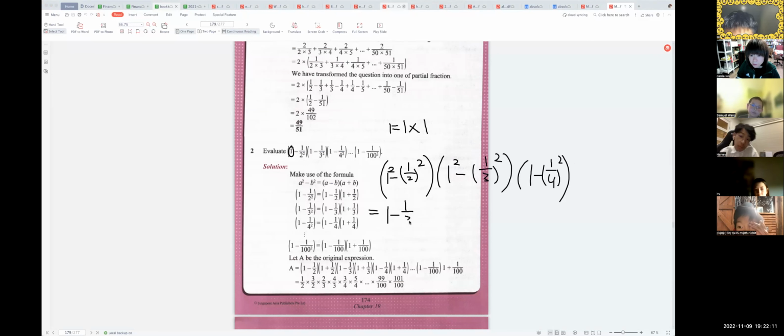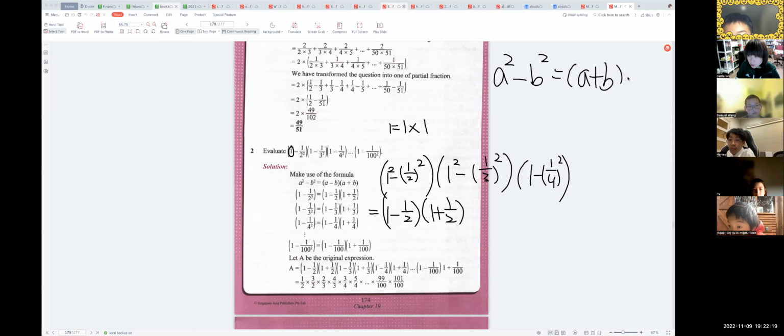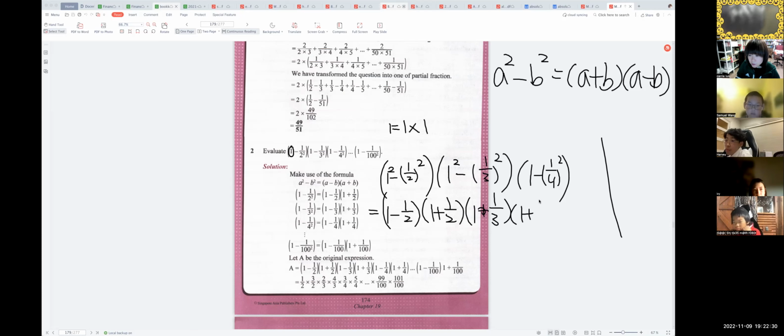Okay, so how do we do this? 1 minus half times 1 plus half. Remember the equation: a squared minus b squared equals a plus b times a minus b. This is the first thing in the class, okay? The next one, 1 minus 1/3 and 1 plus 1/3. Correct, everybody?